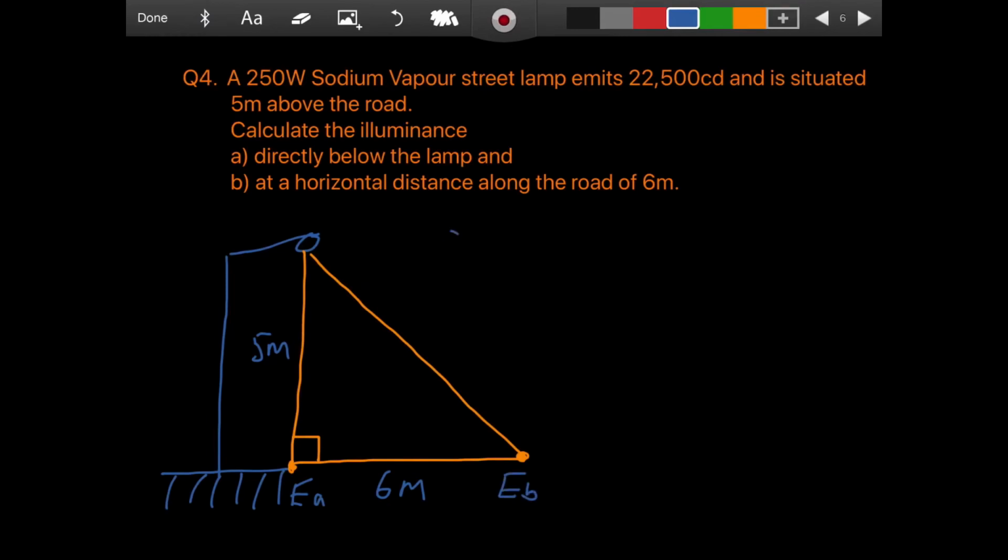So first calculation for A is E equals I over D squared, which is 22,500 divided by 5 squared. And if you put that into your calculator, that's going to give you 900 lux.